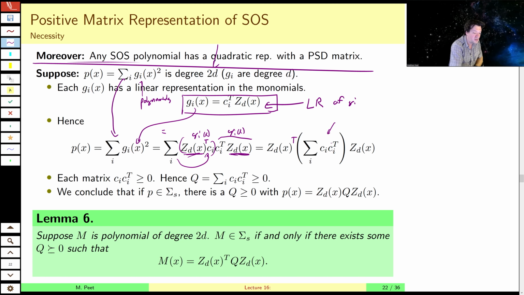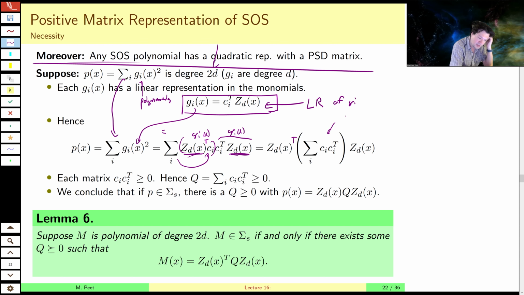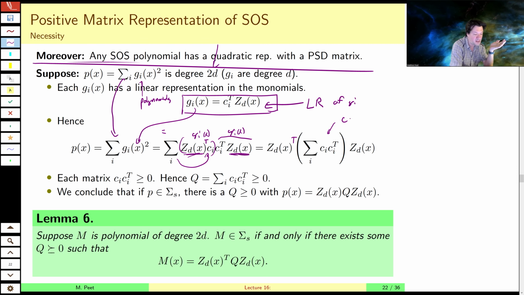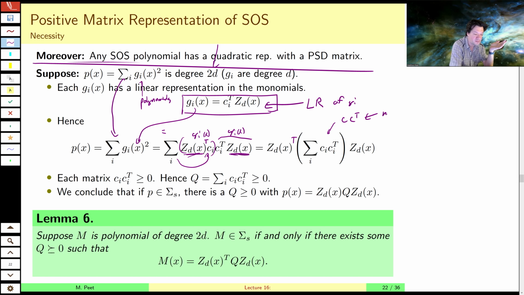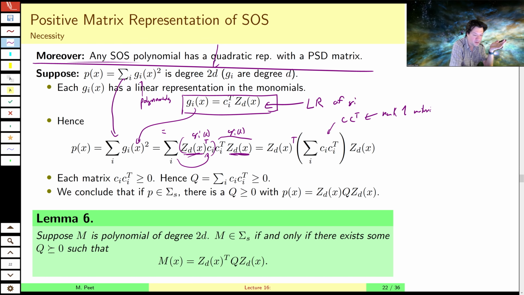So remember, the CIs are vectors, because it's a linear representation. But when you take a vector and multiply it by its transpose, you get a matrix, a rank 1 matrix. But that matrix is positive semi-definite.